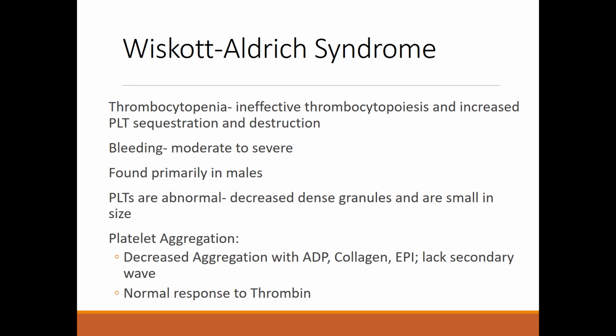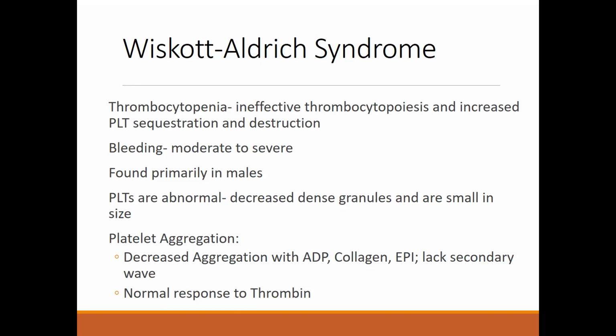The megakaryocytes are making these platelets, but they are ineffective in that they don't have the ability to release mature platelets into the peripheral circulation. Basically, these megakaryocytes and platelets are dying in the bone marrow before they can be released as mature forms, meaning proplatelet processes dropping the platelets into the peripheral blood.